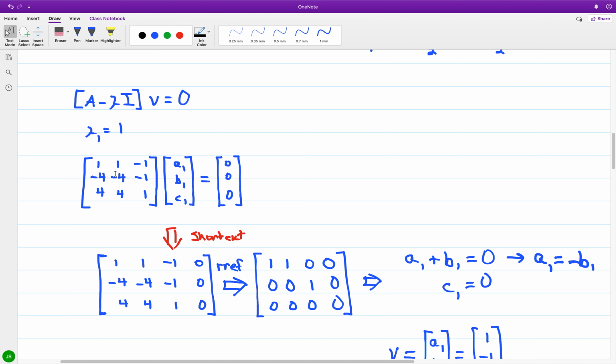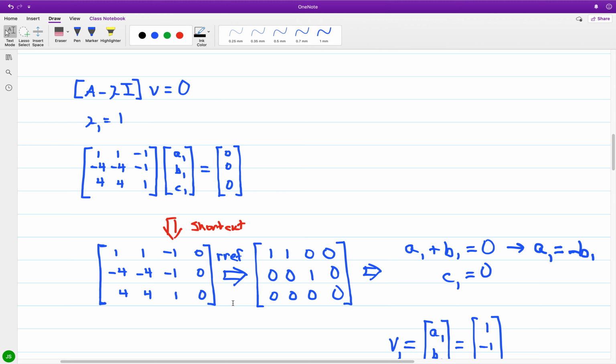So you have 1a1, 1b1, minus 1c1 is equal to 0. And since we're dealing with integers and real numbers, we'll take this little bit of a shortcut and arrive at the reduced row echelon form. And here with the 1, 1, 0, and 0 running across, this will signify that a of 1 plus b of 1 is equal to 0. And so a of 1 and b of 1 will have an additive inverse relation, where one is going to be the opposite sign of the other.